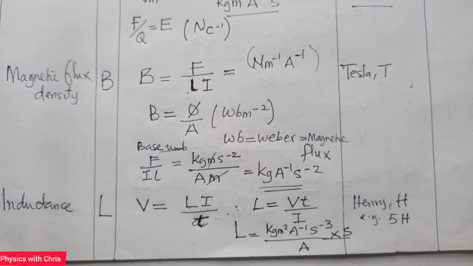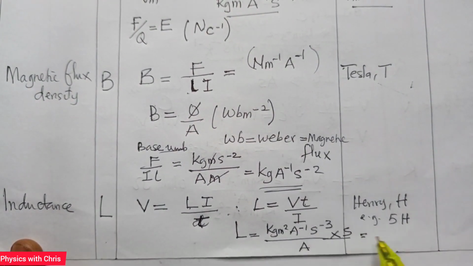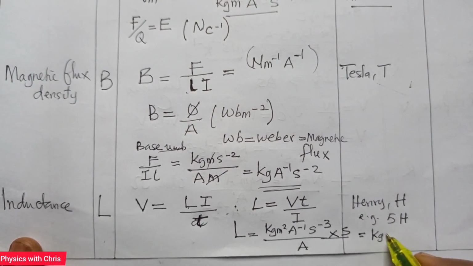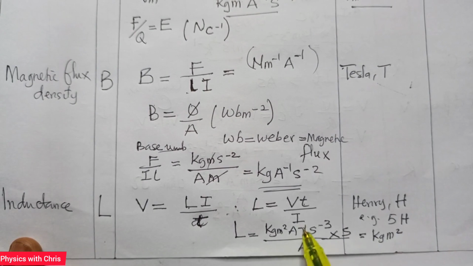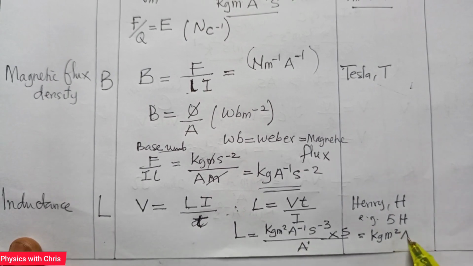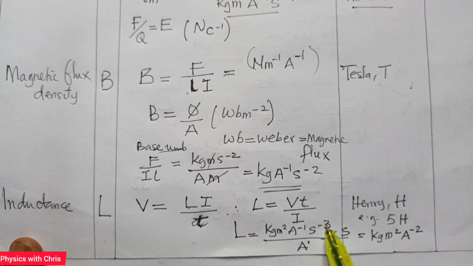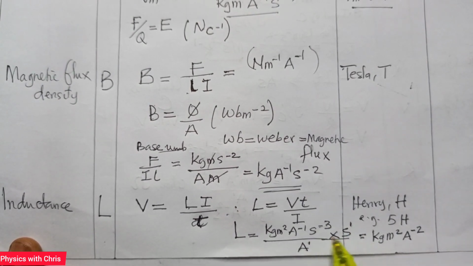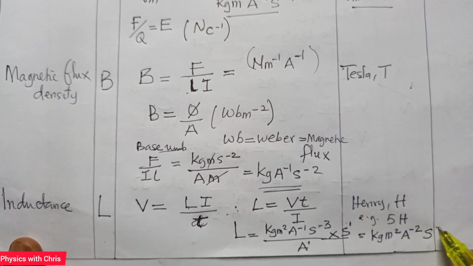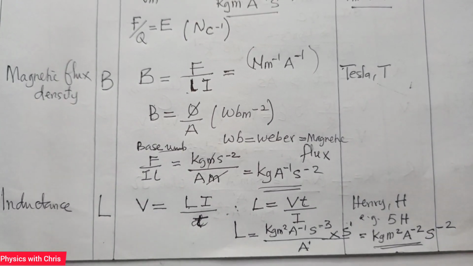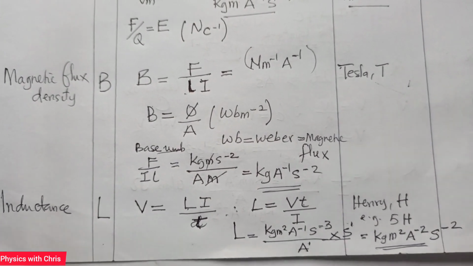So that we can now write down the SI base units of inductance as kilogram meter squared. Now this is A minus 1 divided by A, that gives you A to the power minus 2. This is S to the power minus 3 multiplied by S to the power 1. The rule of indices says if you multiply two indices, you add their powers. This is minus 3 plus 1, that is minus 2. So this gives the SI base unit of inductance, where the SI unit is the Henry.